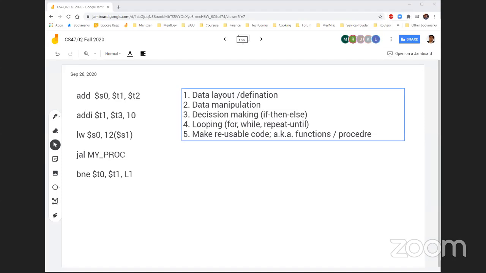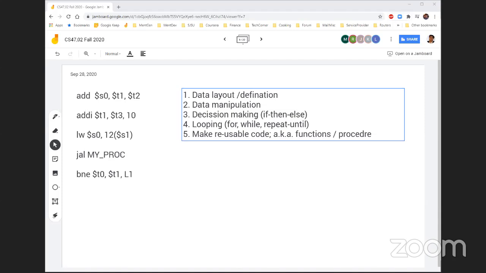If your question is whether we can build a library of MIPS functions, procedures, reusable code, yes, we can. Is it available? The answer is no. We don't have libraries in MIPS like we do in higher level languages.